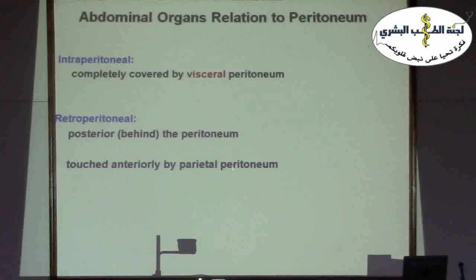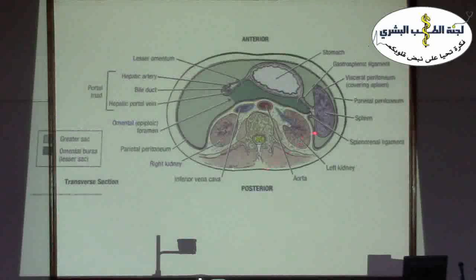For example, the kidneys are fixed structures in the posterior abdominal wall, far away from the stomach and other movable structures. So they are not covered by peritoneum. They are located behind the peritoneum, only covered anteriorly by parietal peritoneum. So we call them retroperitoneal structures, which means behind the peritoneum.